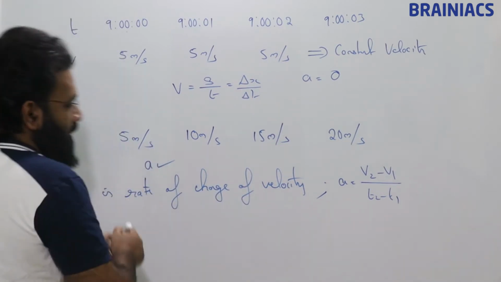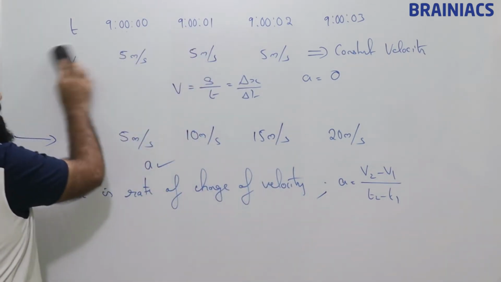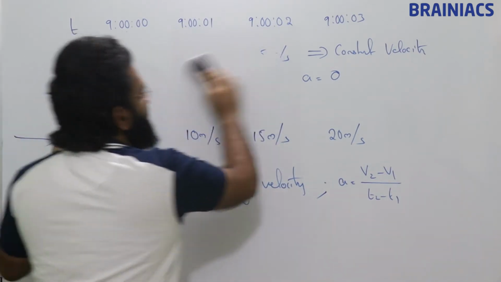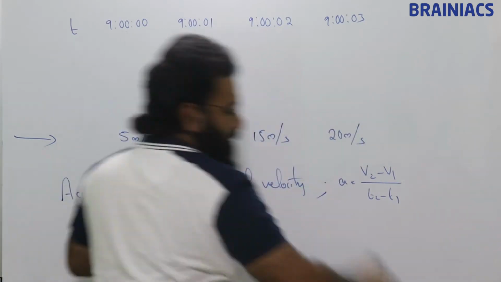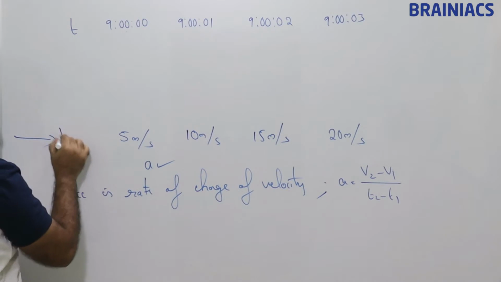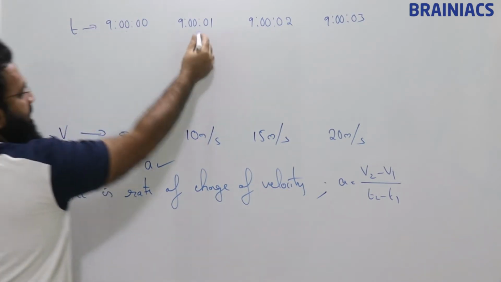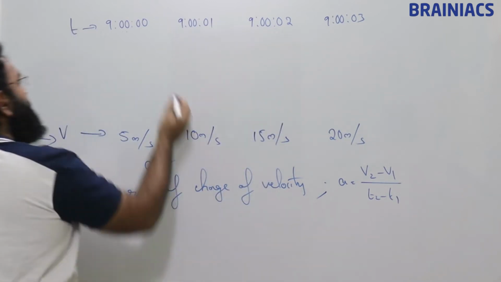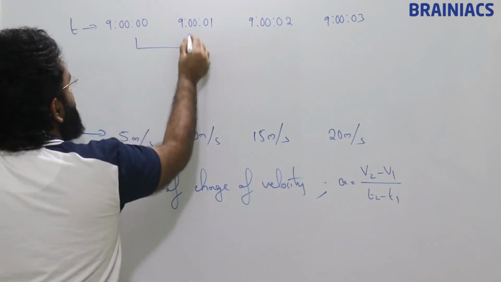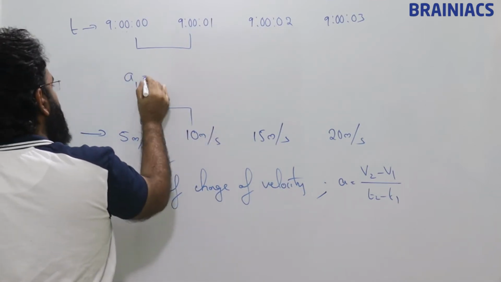So now this part I am taking as constant velocity, we don't need it. See, the data are connected like this: for this time this velocity, for this time this velocity, likewise. So what is the acceleration between these two segments? Okay, A1 we will consider.